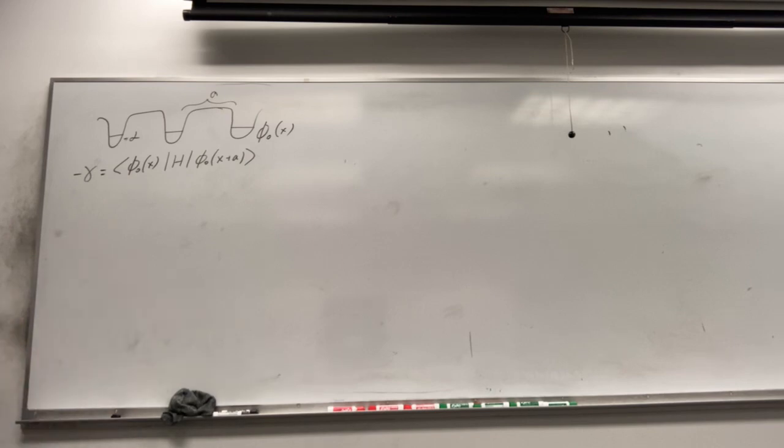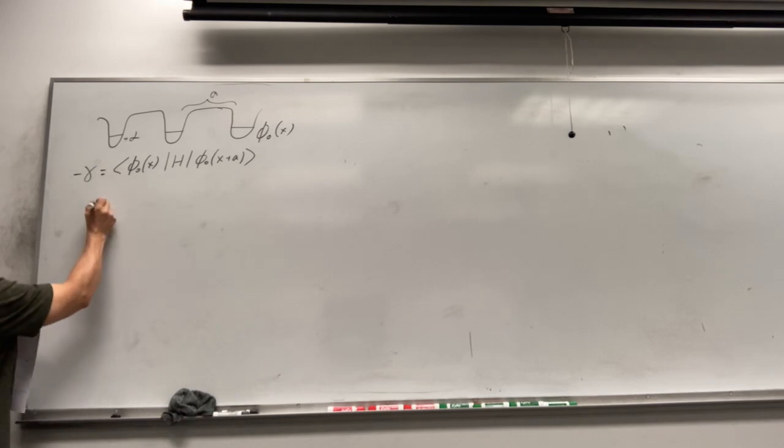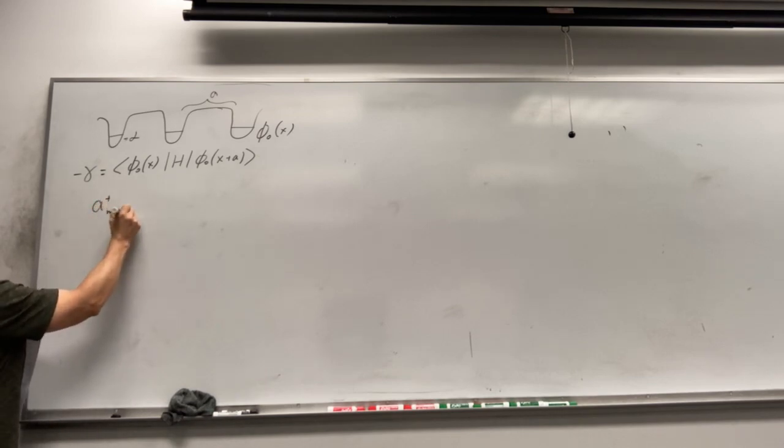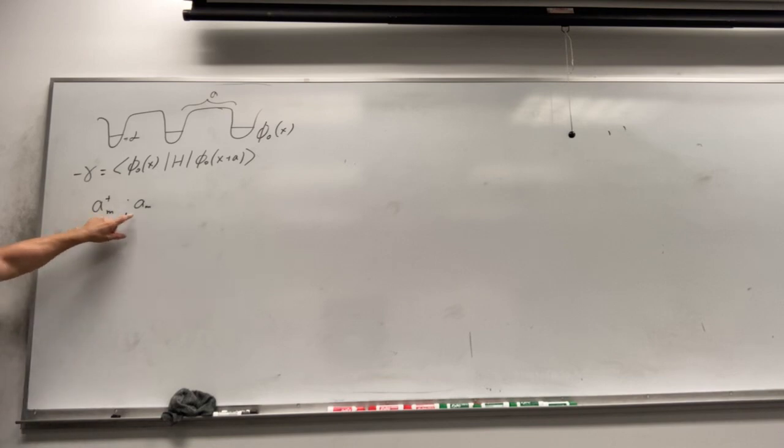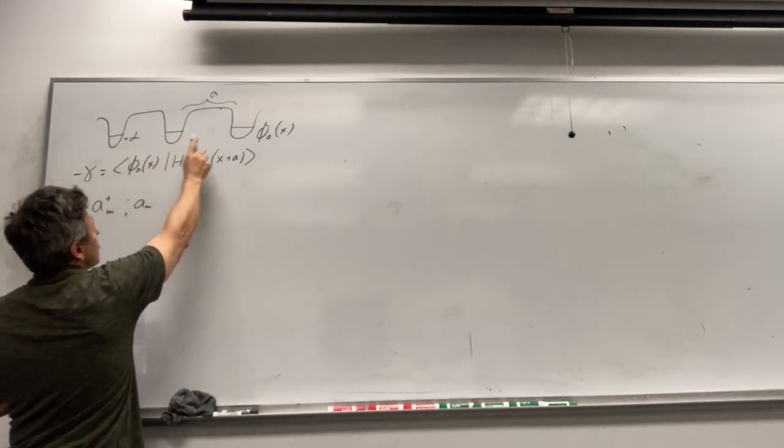It is convenient to describe the system with the tight-binding model. If you introduce the creation and annihilation operators for an electron at a given site, a plus m and a m, they create and annihilate an electron at site m, so site 1, 2, 3, and so on.